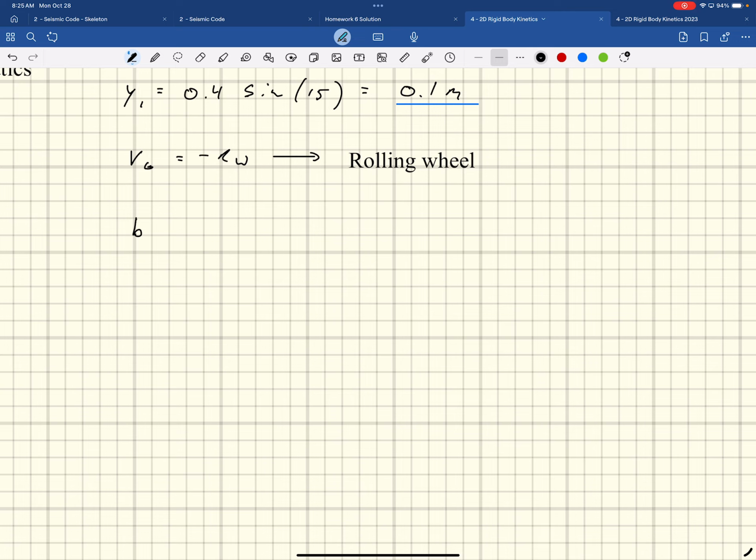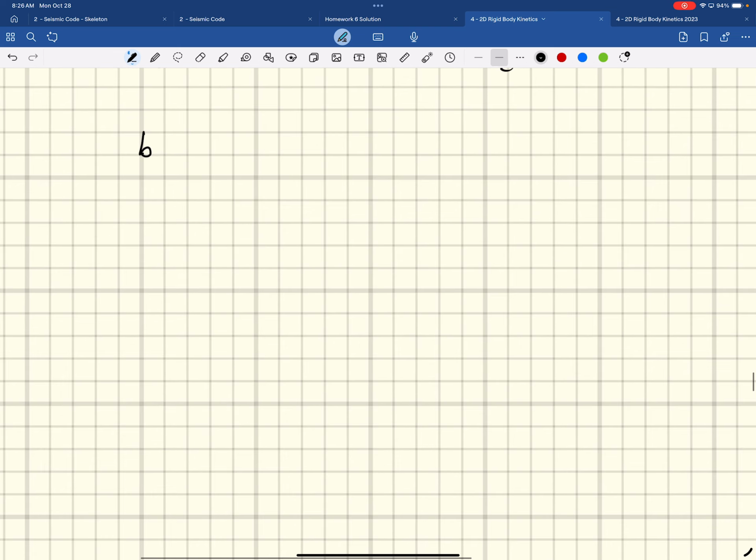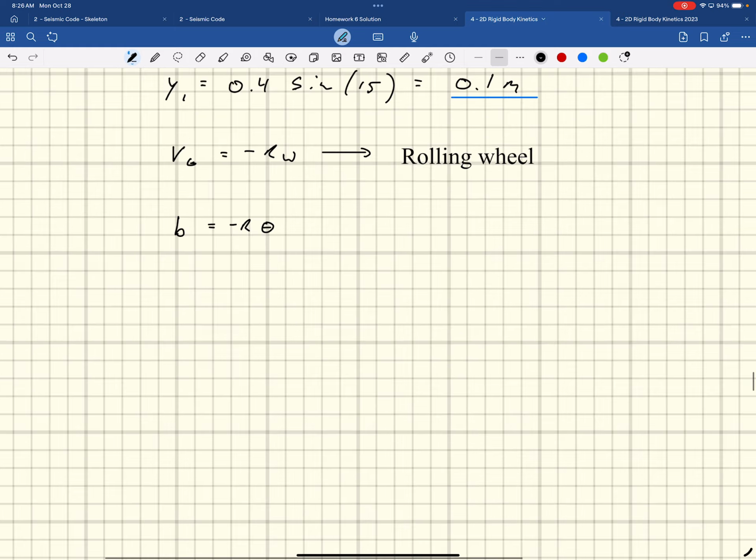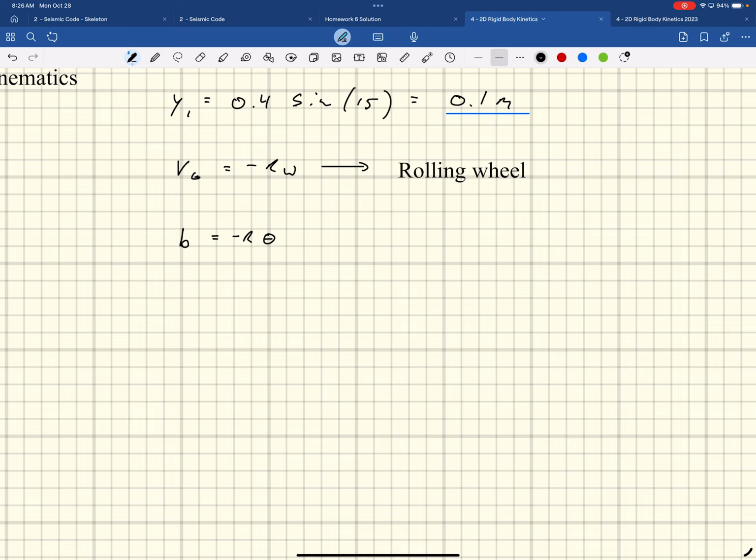So you take the radians through which it rotates and multiply by the radius, and it'll tell you how far it rolled. So basically the relationship there, my B would be negative r times theta. Theta is the angle, and we multiply it by the r, and it tells you how far it rolls.